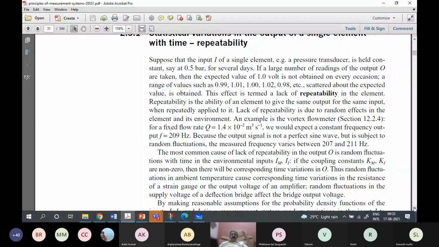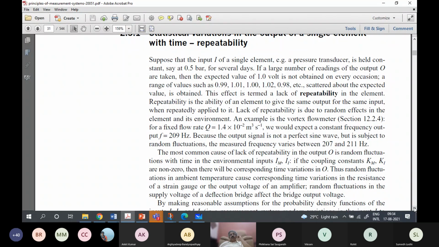But what you observe is that you are making apparently the same measurement, maybe the same junction temperature of a thermocouple, but you are getting a slightly different reading every time. And depending on how close a reading you are getting every time, an instrument is called repeatable, right?